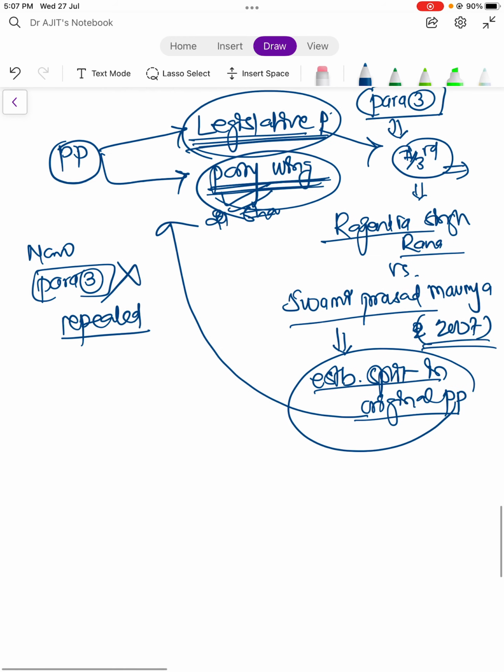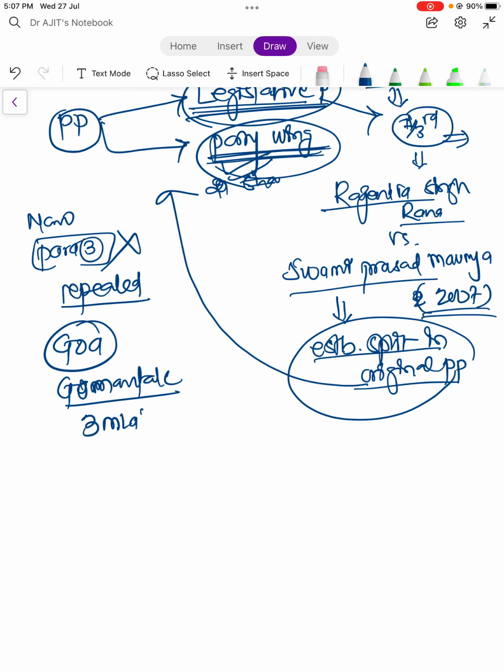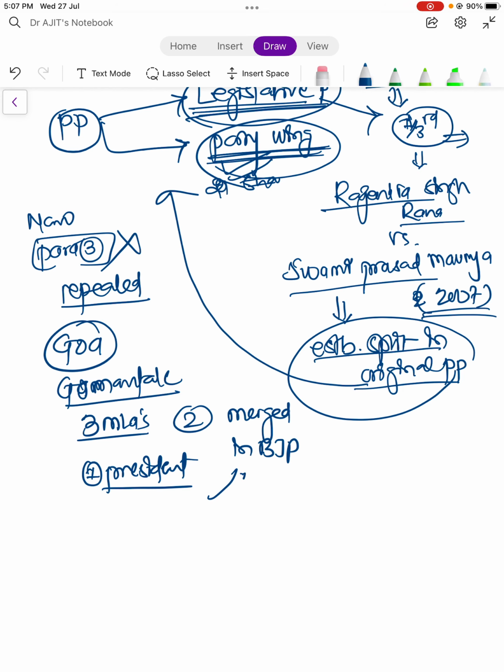The same thing happened in the case of Goa. There is a Gomantak party and there were 3 MLAs. Out of that, 2 MLAs merged in BJP. There was only one left, that was the president of that party, and that's why it was allowed.